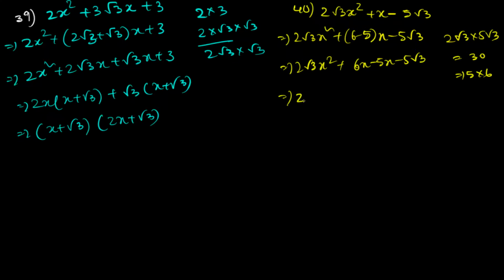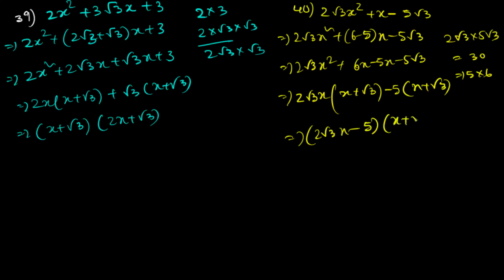I can take 2 root 3x common, I'll be left with x plus root 3, and I can take 5 common, I will be left with x plus root 3. So I can do 2 root 3x and x plus root 3. That's the 40th one.